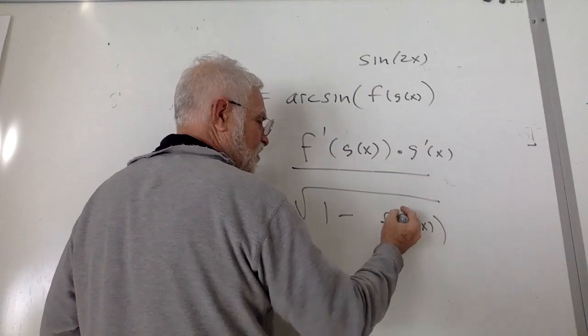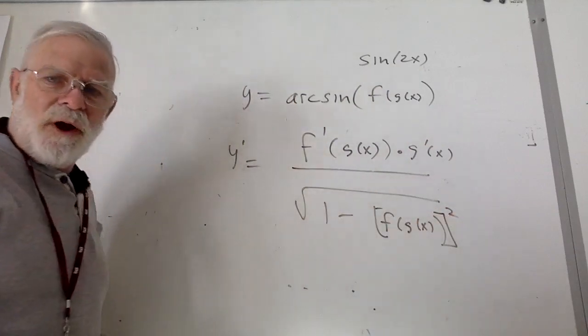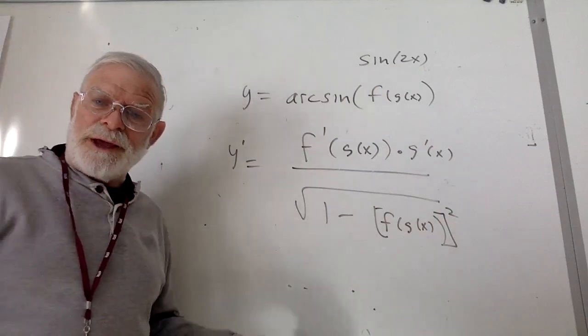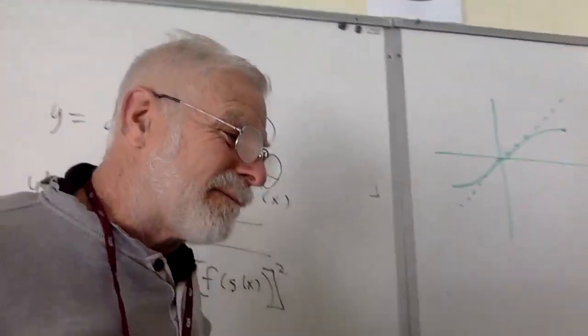Let's bracket it and square. All right, and since we're going to do them the rest of the term, I think that's enough practice for now. Now let's just talk about what the heck you're looking at.